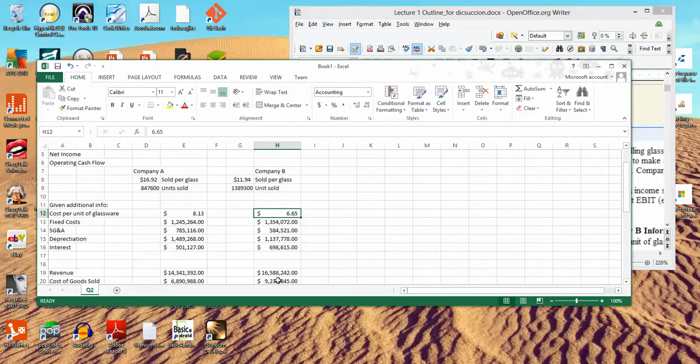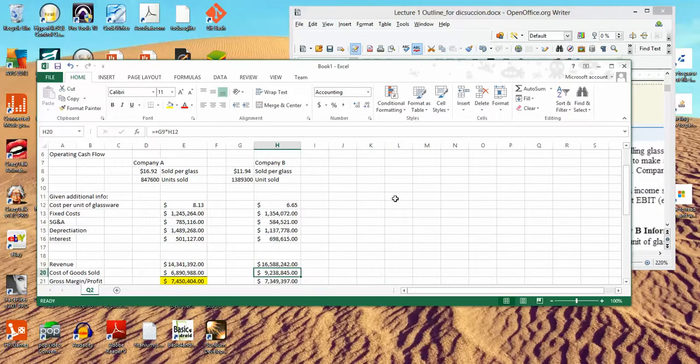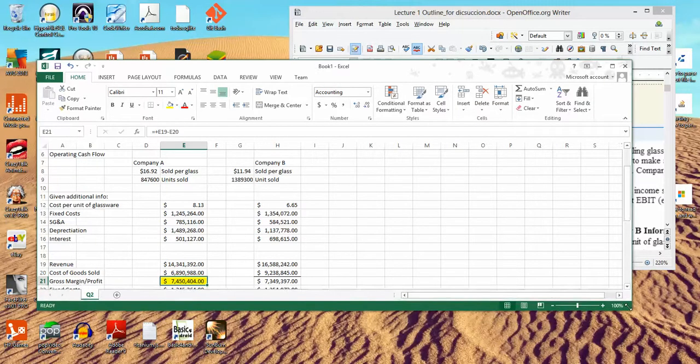That gives me cost of goods sold. Pretty straightforward. The gross profit, all I'm doing is taking revenue minus cost of goods sold. Revenue minus cost of goods sold gives me a gross profit. If I compare the two, company A has a higher gross margin. You will see this again on the exams.